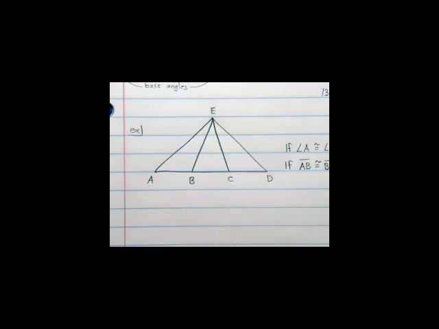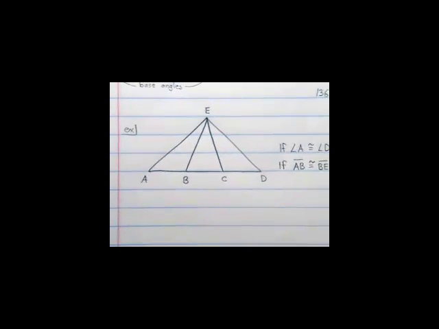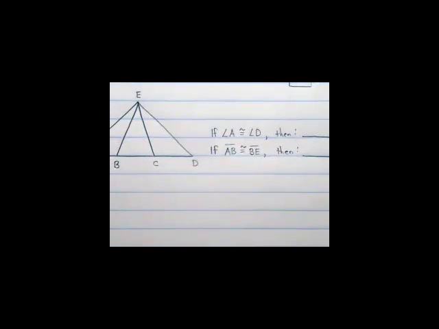Okay. So if we ignore everything else, and all we know is that angle A is congruent to angle D, what else do we know about the picture? So let me get that in there so you can see it. If angle A and angle D are congruent angles, what do we know? Do you mind if we put that in the triangle quick?